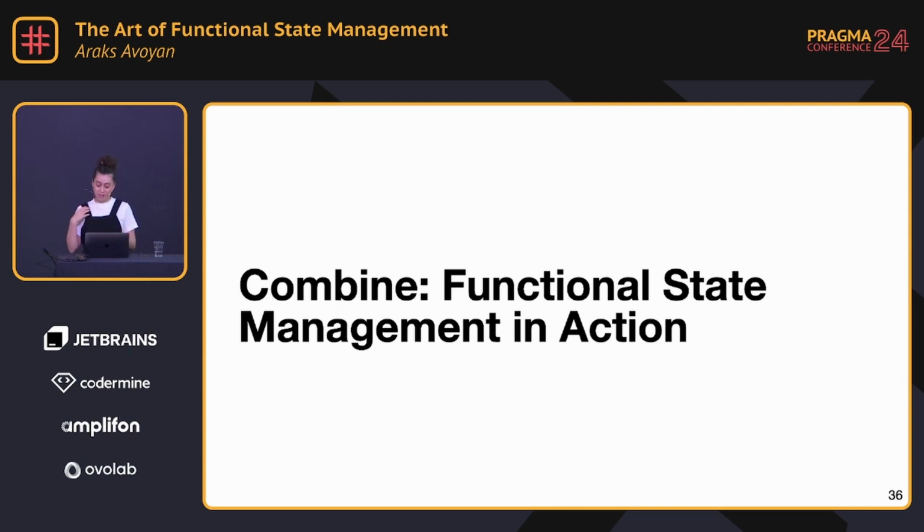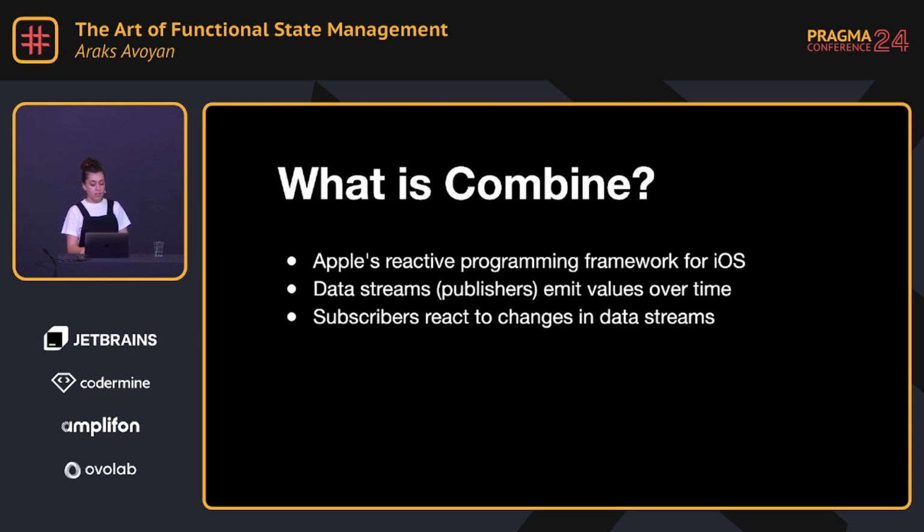Here, I'll try to talk a bit about Combine, which is Apple's framework for reactive programming for iOS, and it empowers you to manage state in a functional and declarative way. So what is Combine? It's a powerful framework built into Swift that uses the principles of reactive programming.